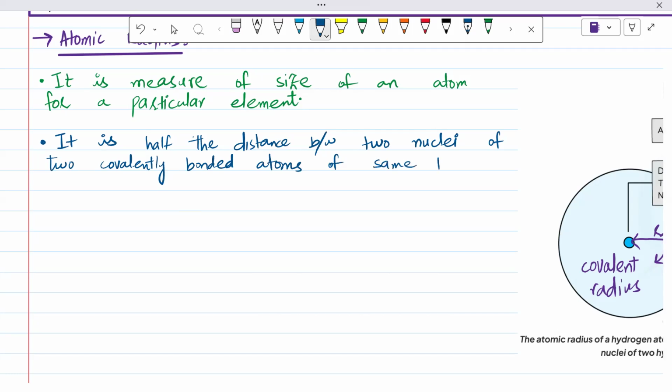Now my question is this: why is there covalent bonding?